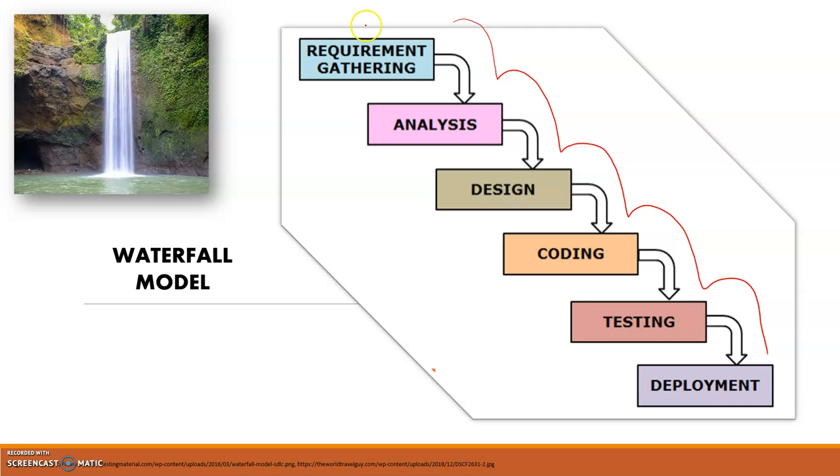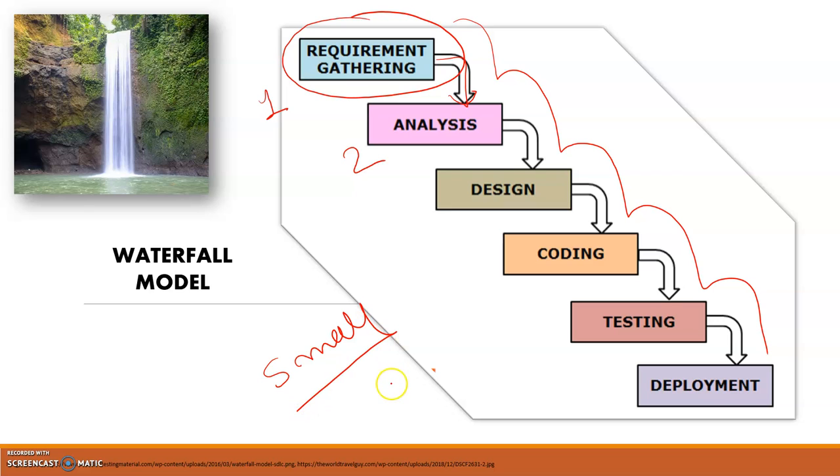Like first all the requirement gathering is done, and after completing the first phase, then they go to the second phase. So this is something you can use with small projects. You cannot use it with complex and big projects.